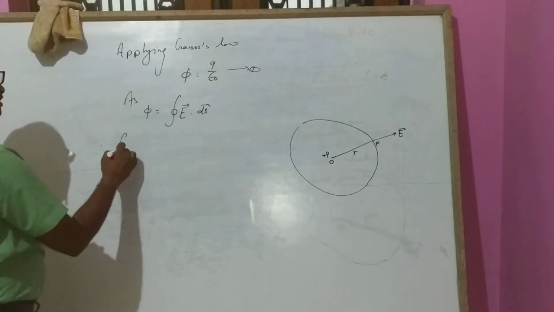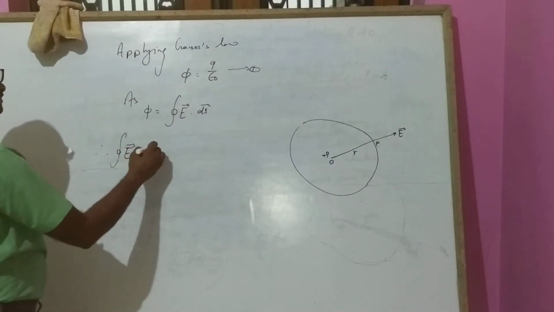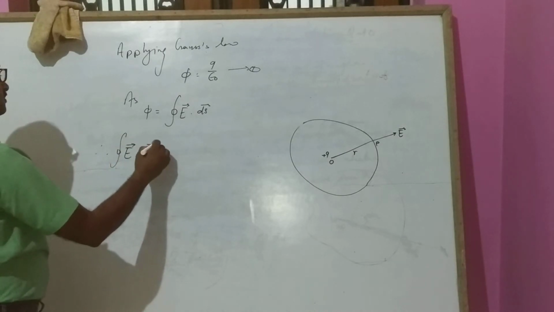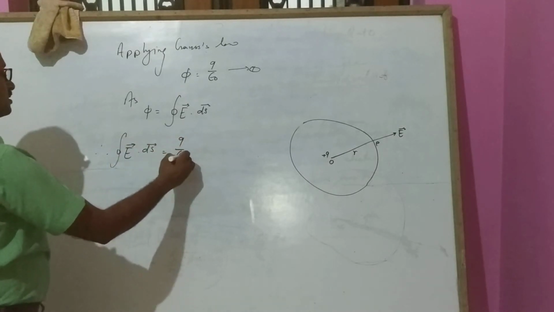Therefore, integration of E dot dS equals Q by epsilon naught.